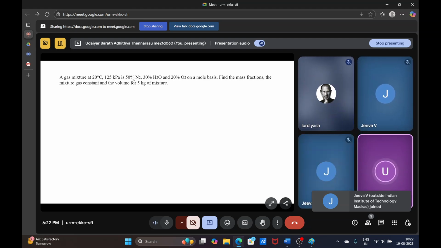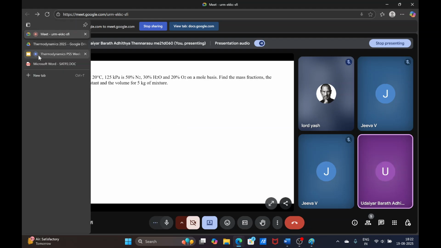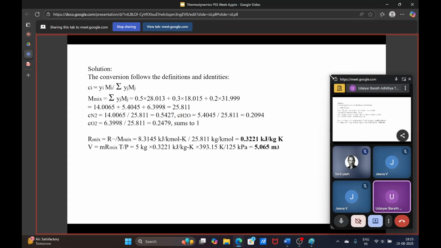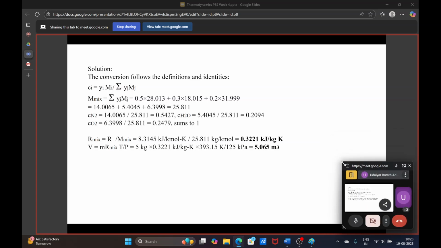Now we need to find this in mass fractions and also find the mixture gas constant and the volume occupied by 5 kg of mixture. So let's see how to solve this. First, in terms of mass fraction.